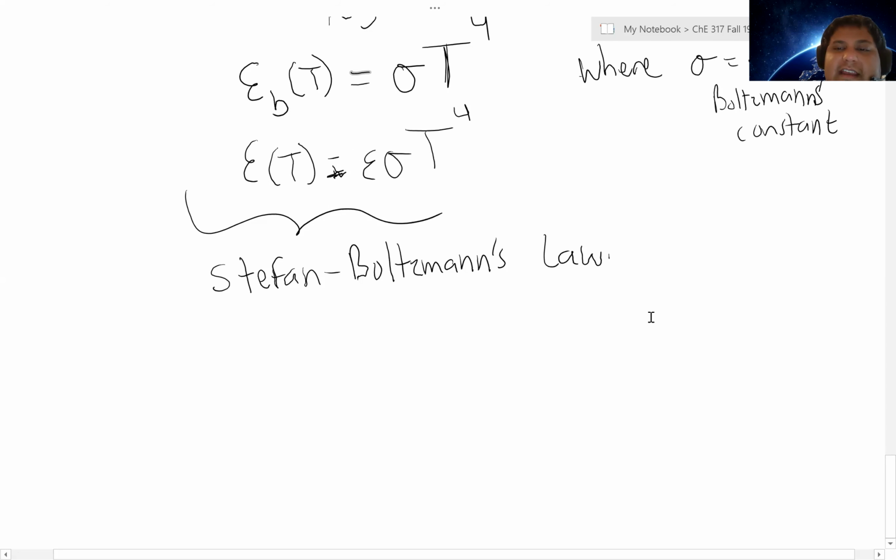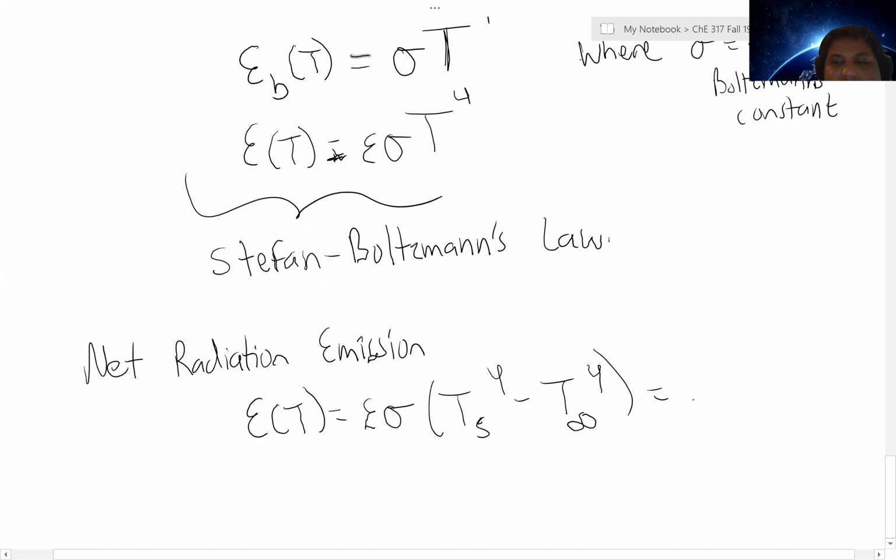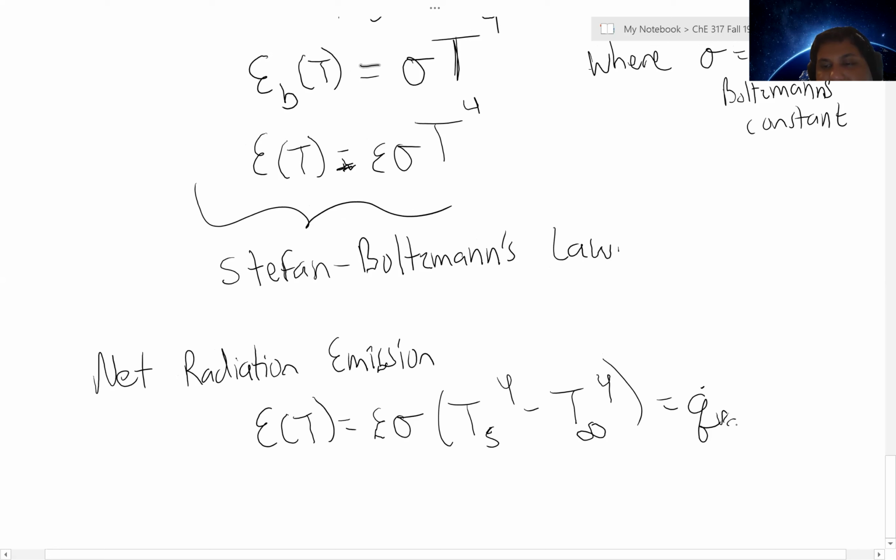And so when we look at net radiation emission, what we find is that energy sub T is equal to C epsilon sigma T S to the 4th minus T, what we call infinity to the 4th, which we can also refer to as radiation flux.